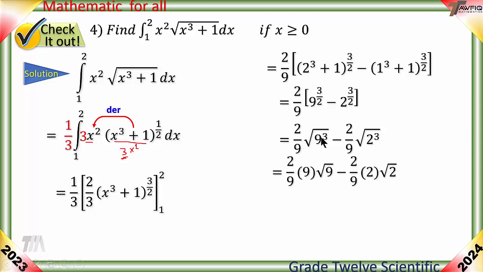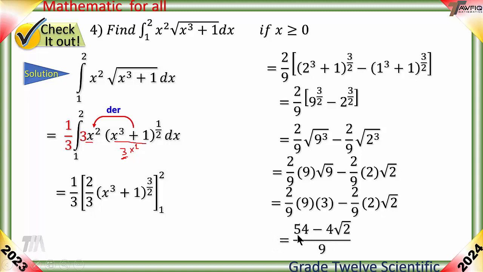And this one becomes 9 times the square root of 9, and this one becomes 2 times the square root of 2. The square root of 9 is 3, and this one remains as it is, and simplifying it becomes 54 minus 4 square root of 2, over 9.